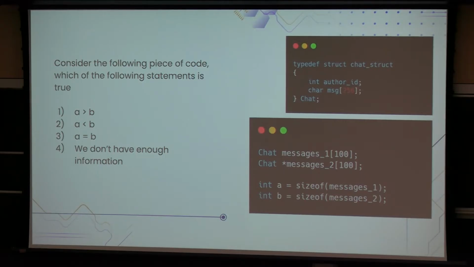All right, hands up if you think A is greater than B. Seeing a couple of hands. Hands up if you think B is greater than A. Also a couple of hands. Hands up if you think that A and B are the same.